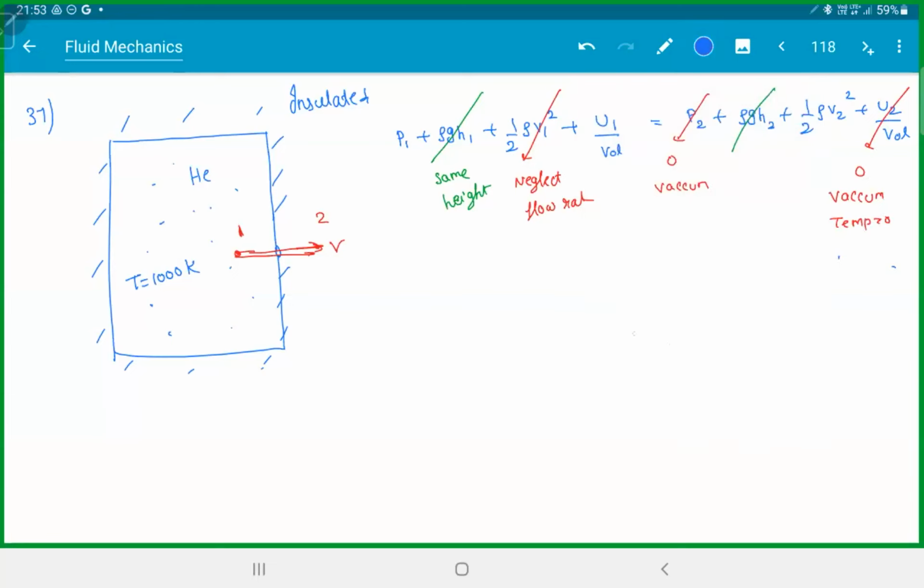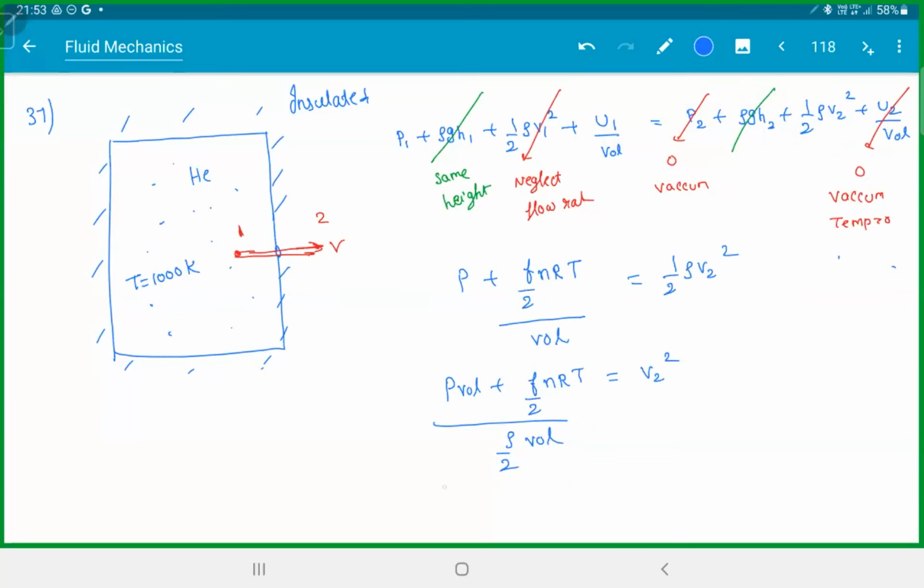You're just left with P inside plus internal energy, whose formula is F by 2 nRT. Hope you remember. By volume is equal to half rho v2 square. This will be P into volume plus F by 2 nRT, by rho by 2 into volume, is equal to v2 square.